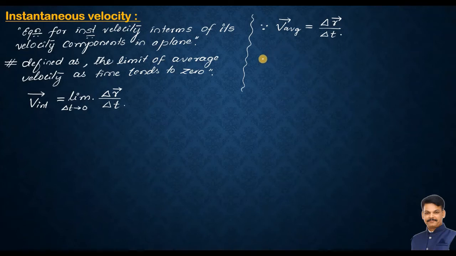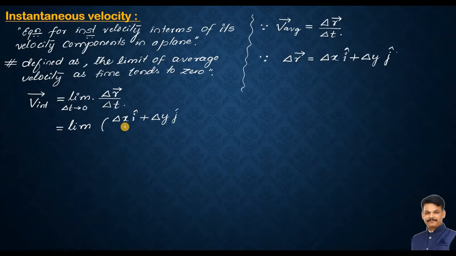But we know very well that delta r, the displacement vector, is nothing but delta x into i cap plus delta y into j cap. So we can substitute it here and write the limit of delta x into i cap plus delta y into j cap, whole divided by delta t, as delta t tends to 0.